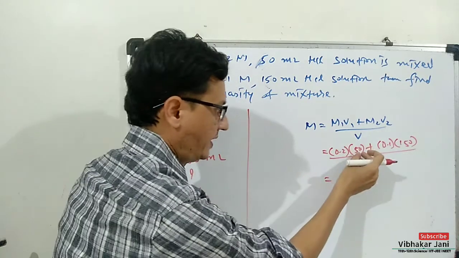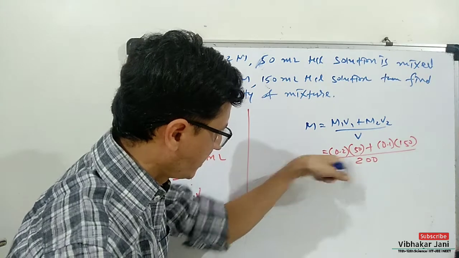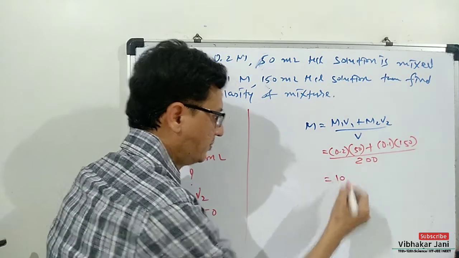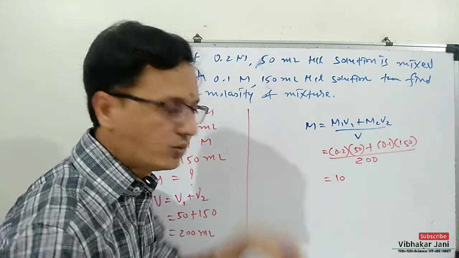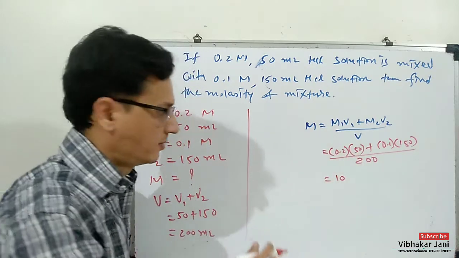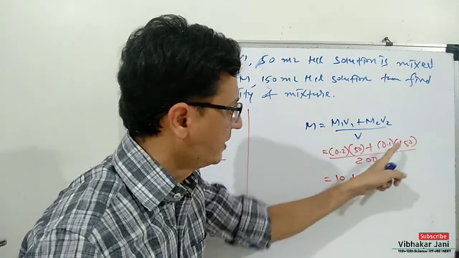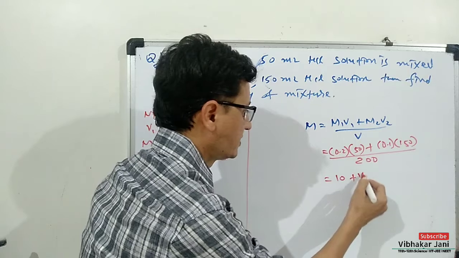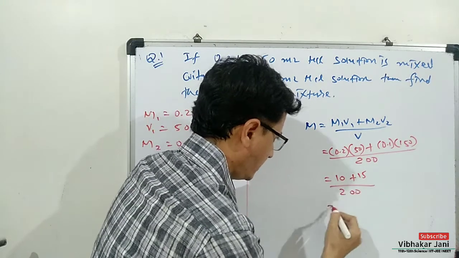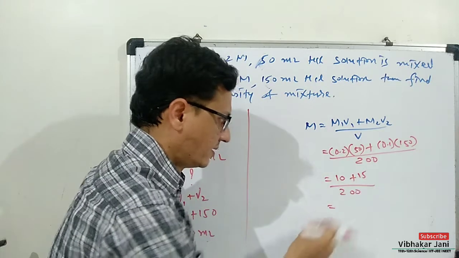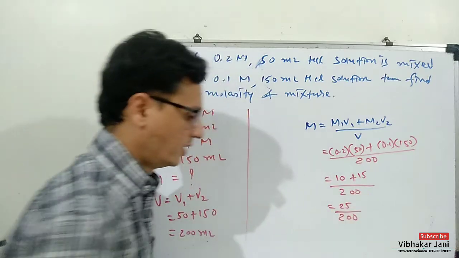So 50 multiplied by 0.2, that means 2 divided by 10 multiplied by 50, will give us simply 10. 50 multiplied by 0.2 is equal to 10. It is simple mathematics and you know it very well. Now 150 multiplied by 0.1 will give us 15, and here we have 200. So 15 plus 10, that is 25, divided by 200.